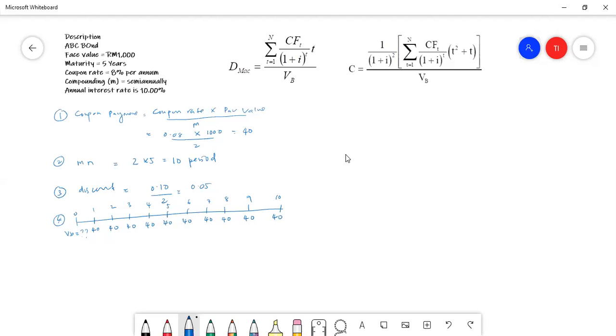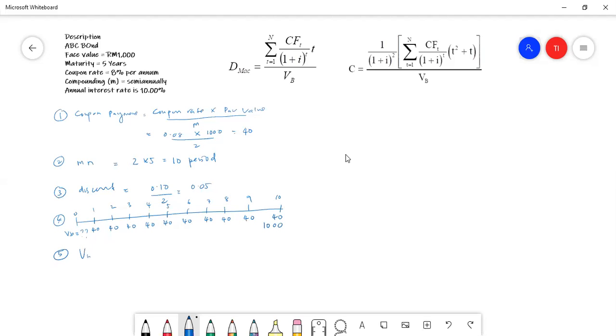As this is a promissory note, the bondholder will receive 1,000 face value at the end of the 10 periods. Since we know the value of the bond is at year 0, the price of today, therefore you write the formula.